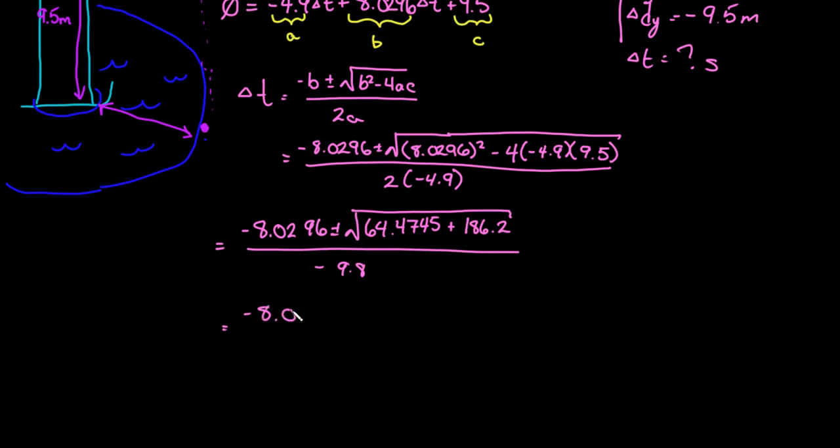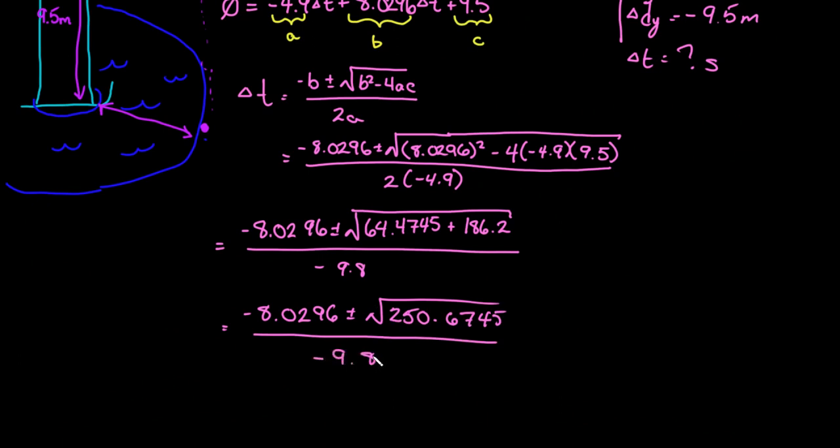We get negative 8.0296 plus or minus the square root of 250.6745 all over negative 9.8, which means we end up with negative 8.0296 plus or minus 15.8327 all divided by negative 9.8.